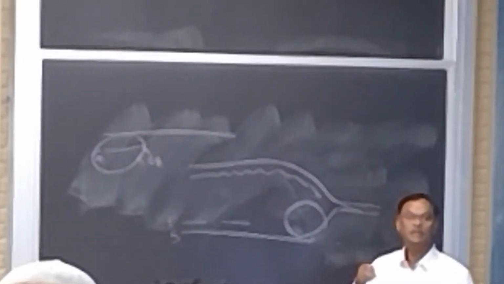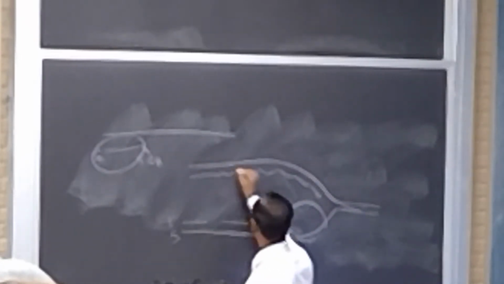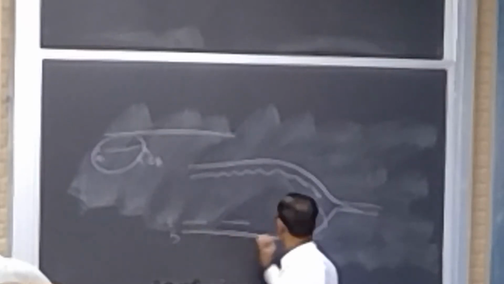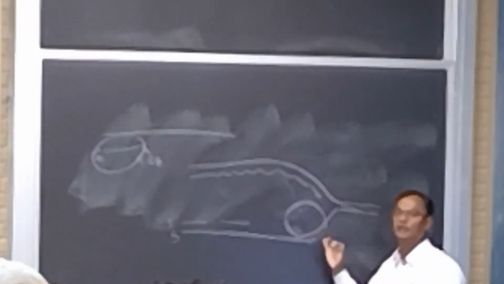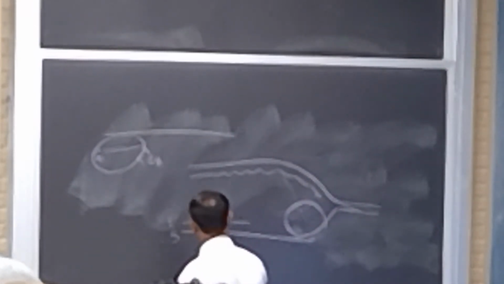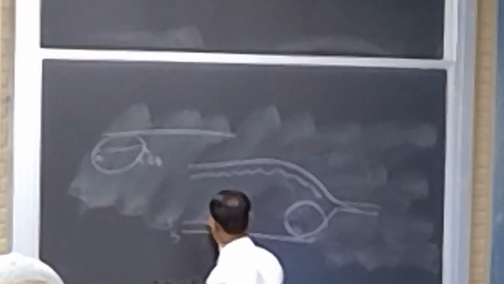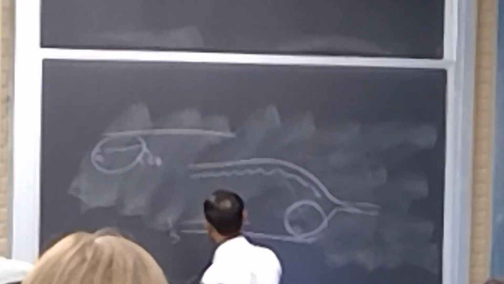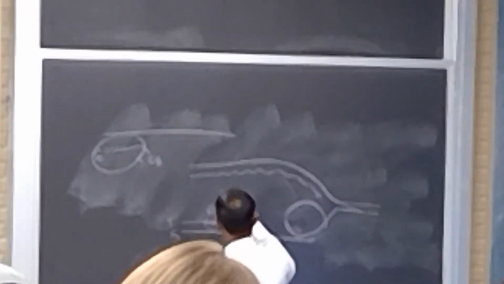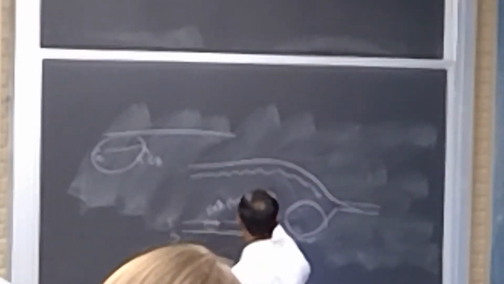Once you supply this primer, it will keep on going. In the case of the lagging strand, because you are starting the DNA replication anew every time, you need a primer, and this primer is actually a short RNA-based primer.